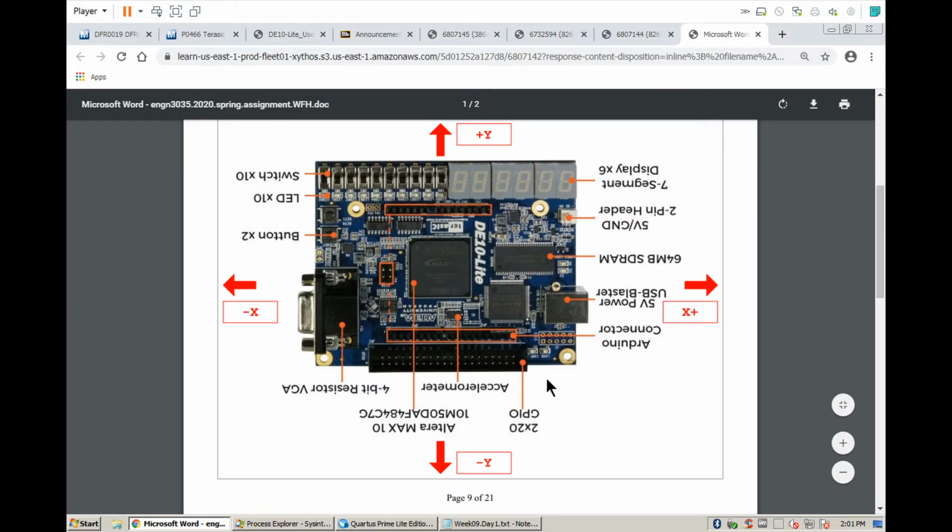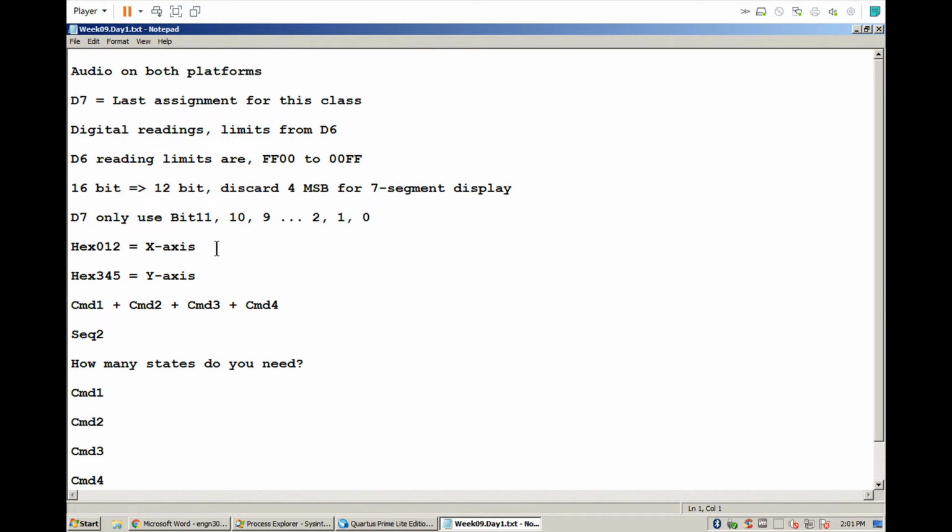So that means hex 0 is MSB, hex 2 is LSB.